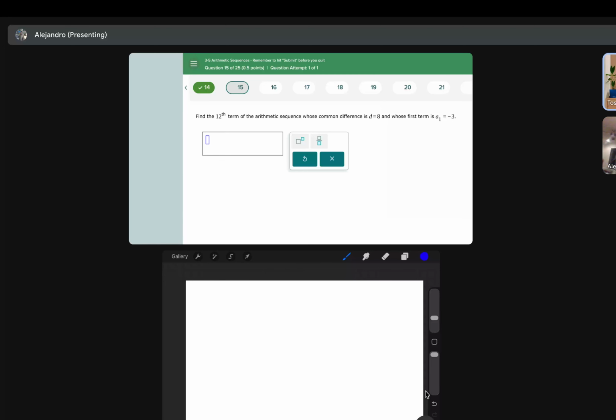Okay. Find the 12th term. More practice. Same thing. Use this formula. So A sub 12 equals the first term they gave you, negative 3, plus n, still 12, minus 1, times the common difference, which is 8. Order of operations: do what's in between the parentheses first.